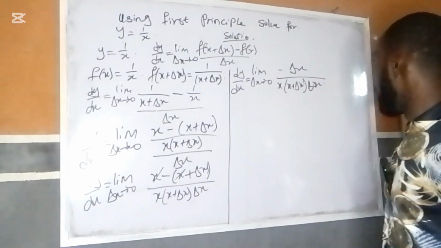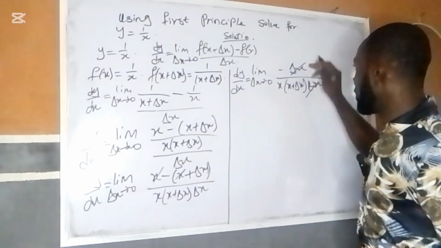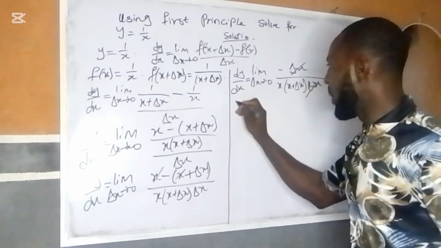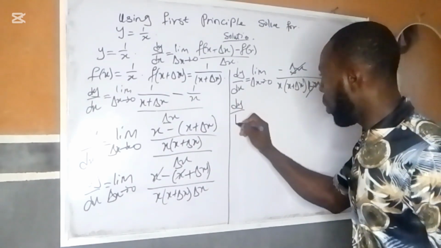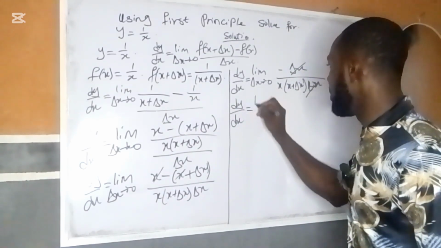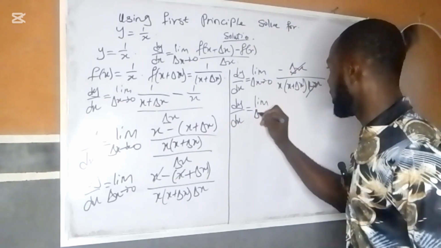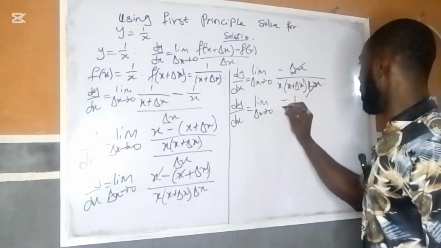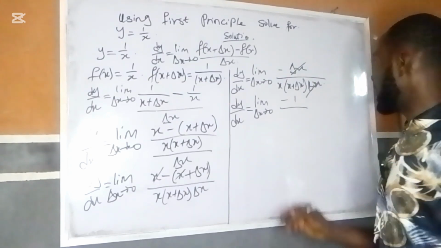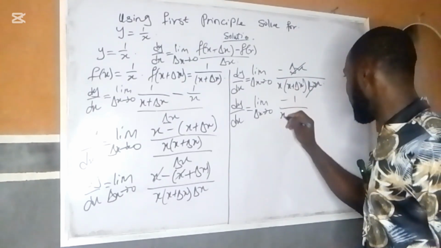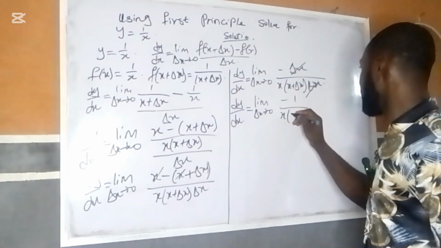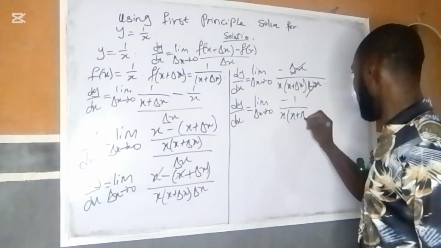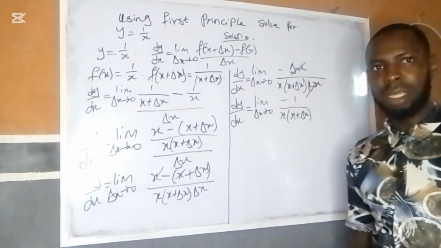Right? So now, this change in x will cancel this, and remains 1 all over, or minus 1 over this. In which we now have dy/dx is equal to the limit as change in x approaches 0. What remains here is minus 1 all over what remains at the denominator, x in bracket x plus change in x. We can still do something.